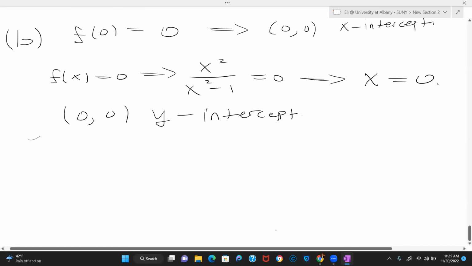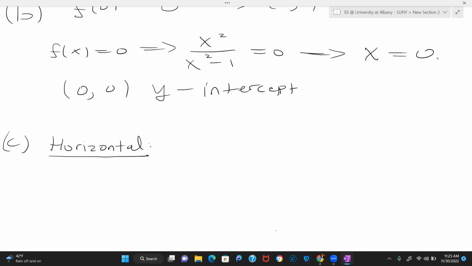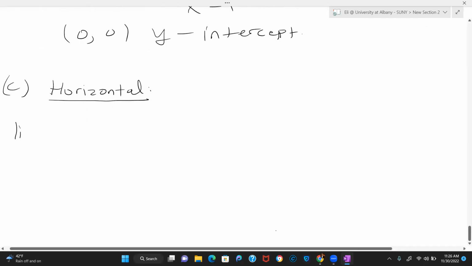All right, so that's that. Now asymptotes. So let's look at horizontal asymptotes first. Finding the horizontal asymptotes, you let x approach plus or minus infinity. It's not always the case that you can combine both these limits, but in this case you can. So you can just compute both limits simultaneously, as x goes to plus or minus infinity.